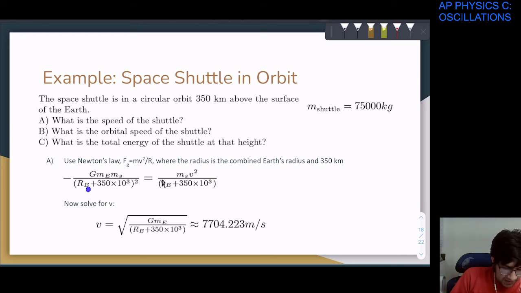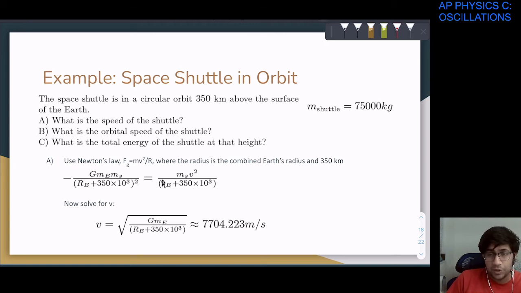So it's r sub e plus this 350 kilometers. And we set that equal to m times v squared divided by r. And now we can just solve for v, and we end up getting 7,700 meters per second.